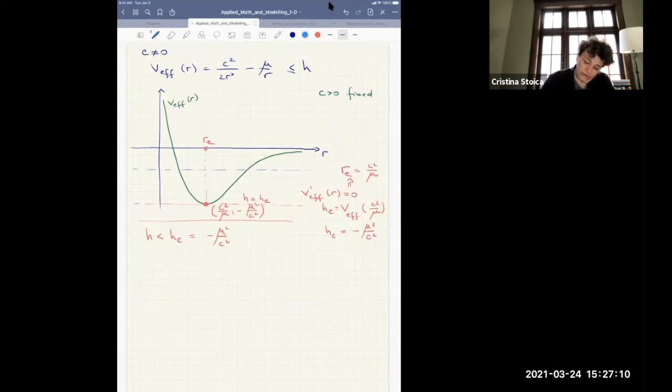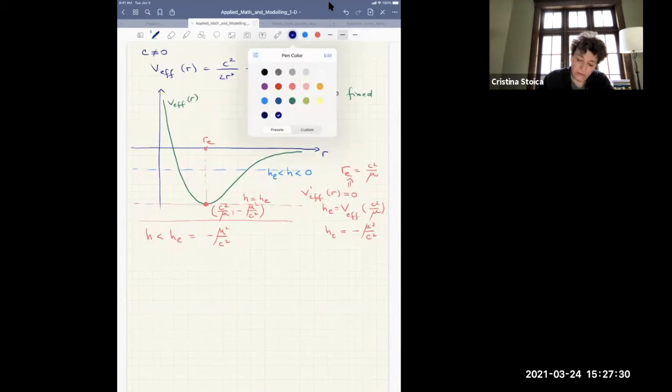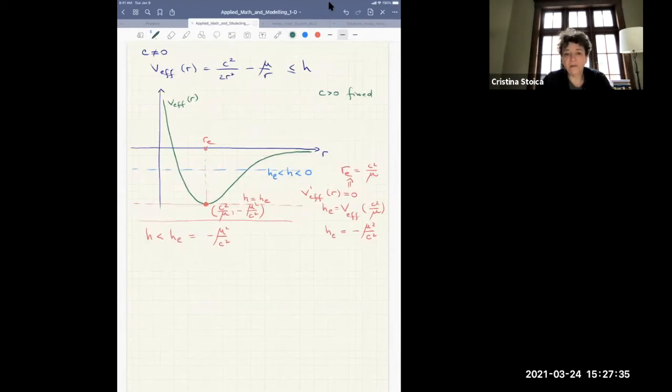So this is for levels of energy that are in between HE and up to 0, because at 0 something happens. The green line, the trace of the potential, will continue to infinity, whereas in this case the potential is under the level only in this interval.